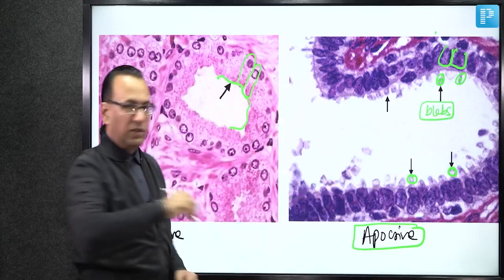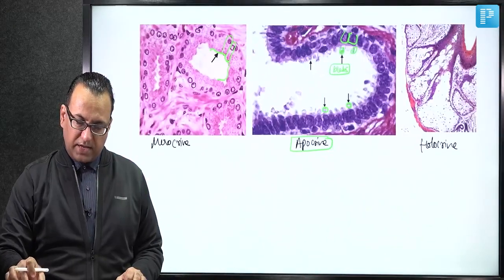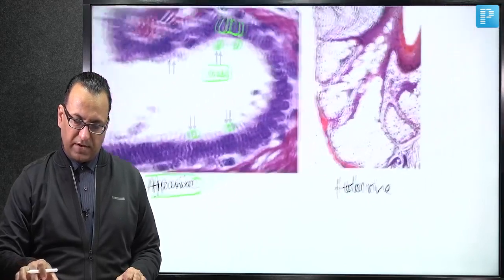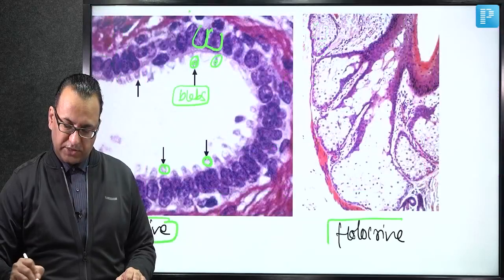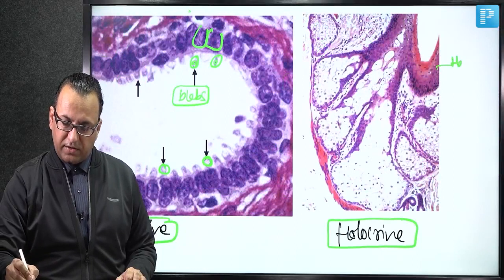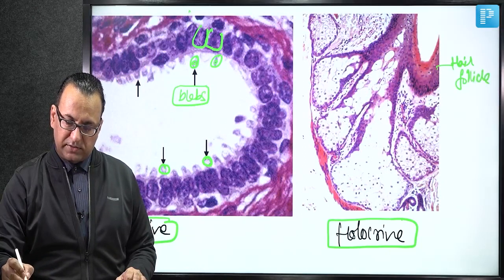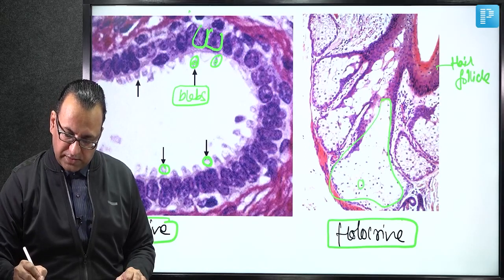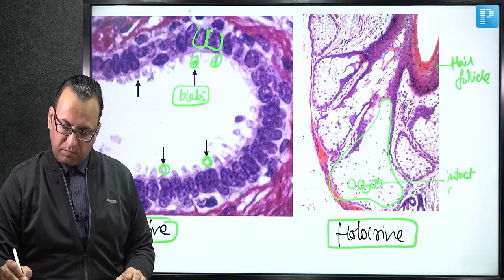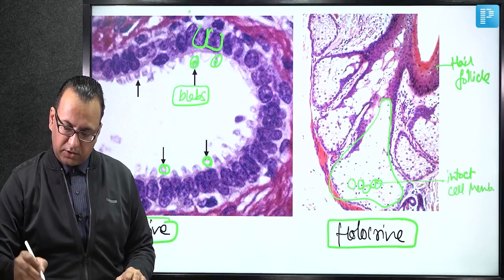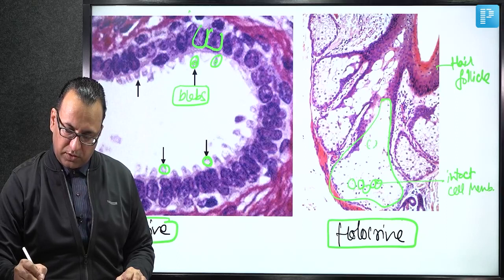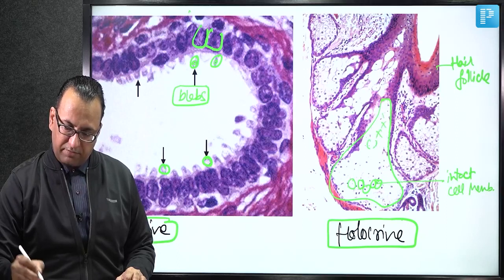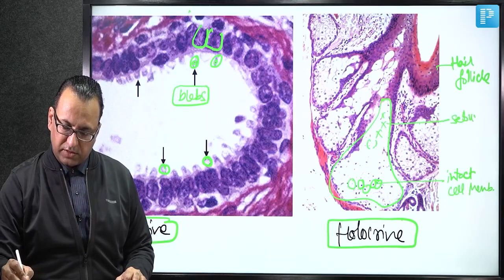And then we look at the third one, the holocrine variety. The example we have taken for the holocrine variety here is the sebaceous gland. You can see one hair follicle here, and along with the hair follicle, this is the structure of the sebaceous gland, where you will notice the cells in the periphery of the gland have intact cell membrane, but as we come towards the duct of the gland, the cell membranes are broken, the organelles are broken, and everything is turning into sebum, the secretion.